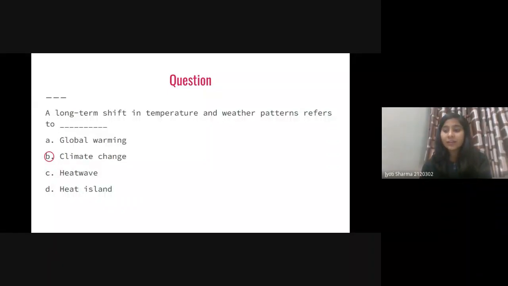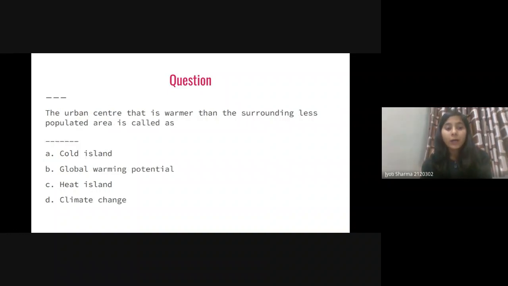And among that, there are so many variables that can be changed. For example, temperature, for example, precipitation. We will talk about it as well at length. Then the urban center that is warmer than the surrounding, less polluted area, is known as.